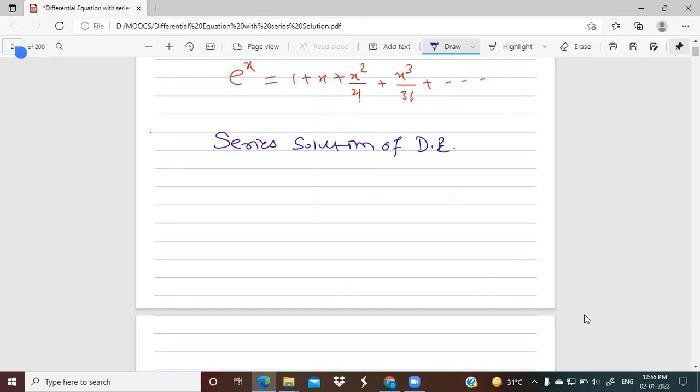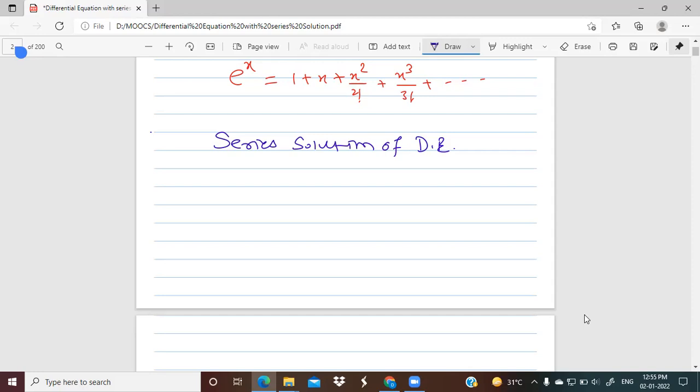We also need to discuss why we need to find a series. After discussing some basic parts of the given equation, we will go ahead.